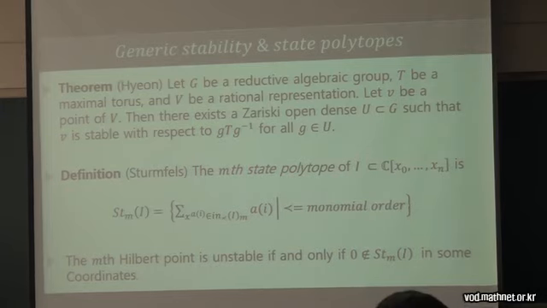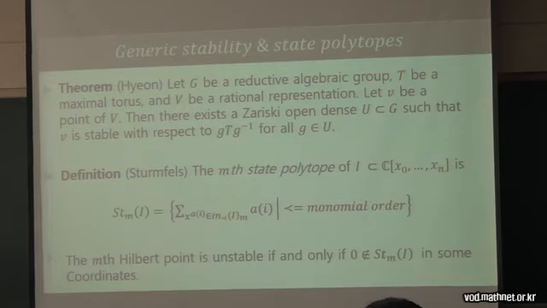this formulation is due to Sturmfels, is defined as follows: you take an initial ideal and you add all the exponent vectors as it runs through all the monomial orders. Okay, I'm sorry, this is missing convex.